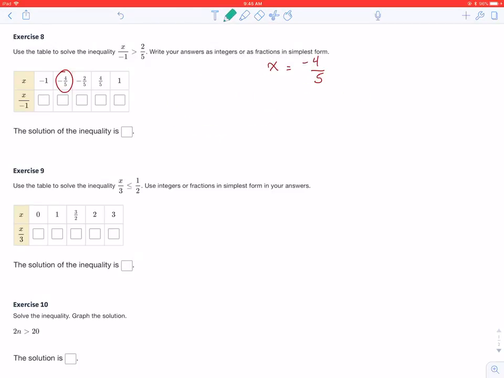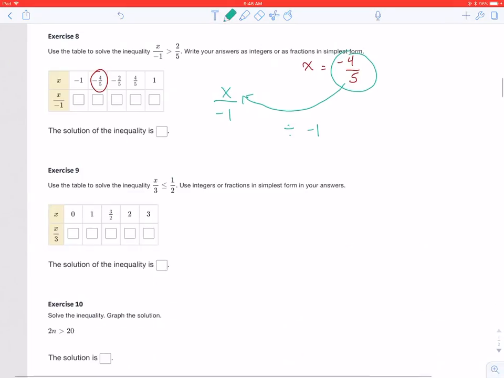So let me show you a different way of viewing what we just did. So we started off with x over -1, and what we're doing is we are substituting this value into x. And this can also be written as x divided by -1.